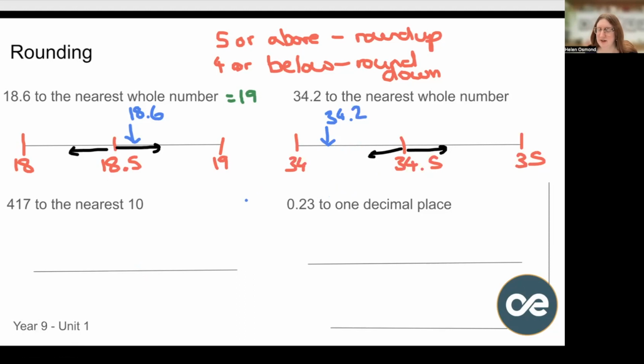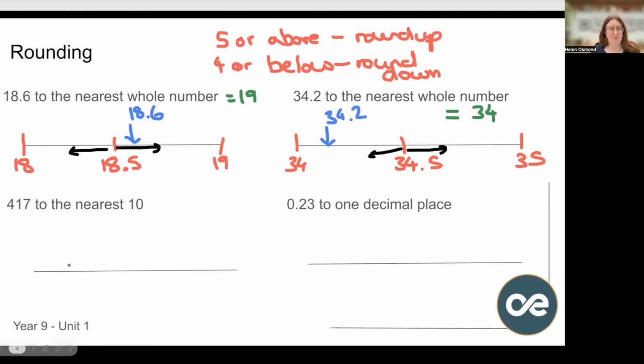I'm not doing this accurately, it's just enough for me to picture what's going on. So I'm on the left-hand side of the 34.5. I'm smaller than 34.5, so I am going to round down to 34. And hopefully we can see this is a 6, 18.6. It's 5 or above, we're rounding up. This is 34.2, we're rounding down. 2 is smaller.